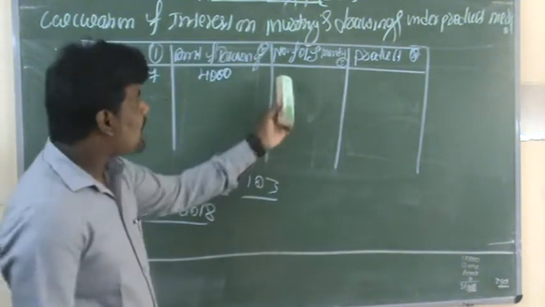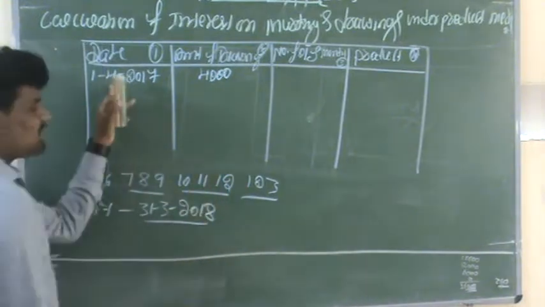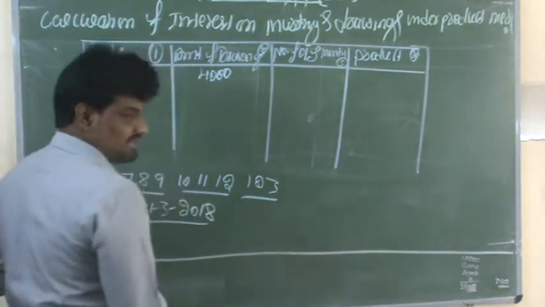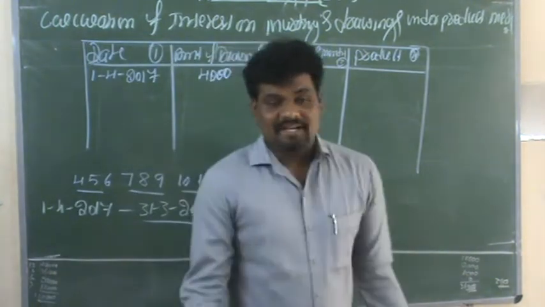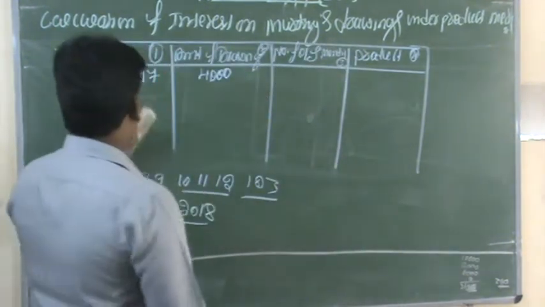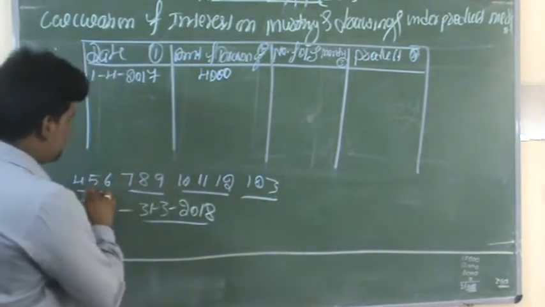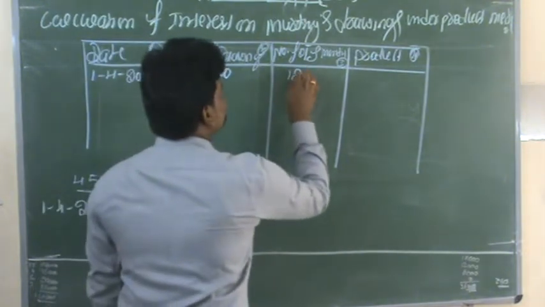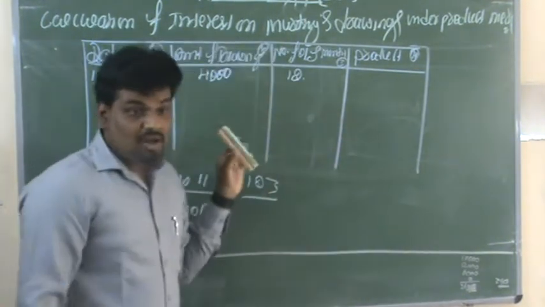This is calculated from the date of withdrawal to the end of the books of accounts, 31st March. From April to March 31st there are a total of 12 months. The outstanding period is 12 months.